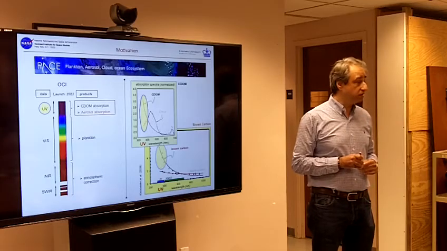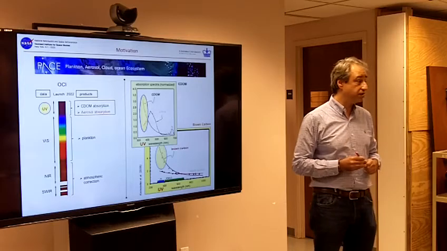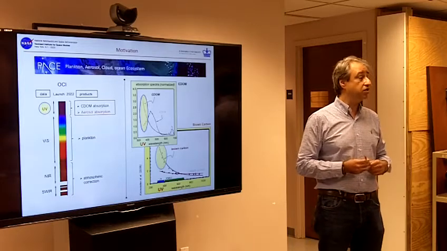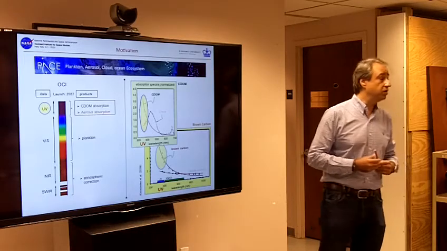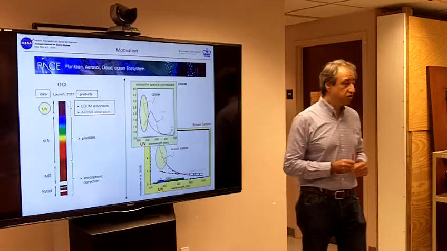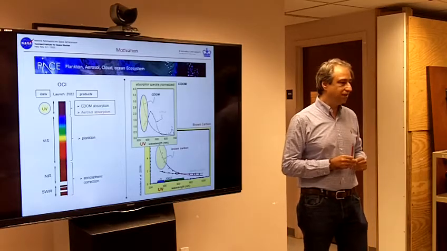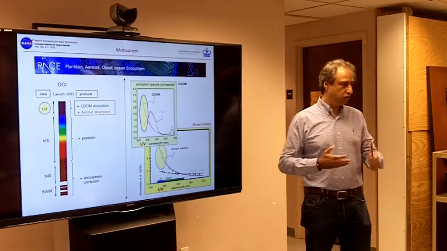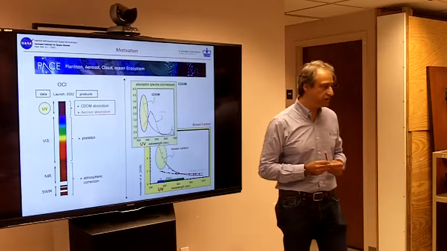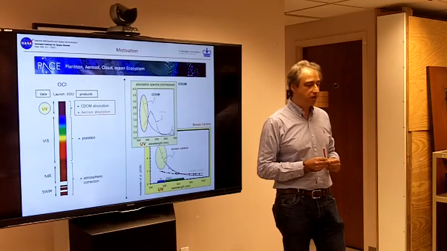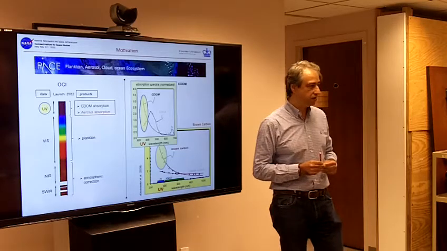I don't know how well they will do it, but one of the reasons why PACE was designed to have UV wavelengths is to look at CDOM, which is going to be a lot in the coastal regions. And in the coastal regions, you also have a lot of absorbing aerosols. So PACE at least has measurements that have more sensitivity to those two types of constituents than just the visible part. How well they're going to distinguish between those two things is still a matter of research.